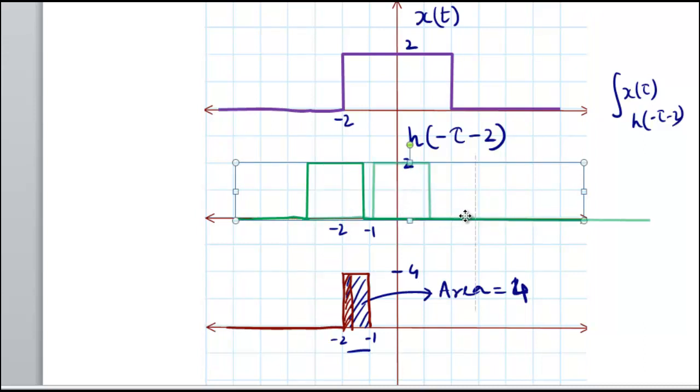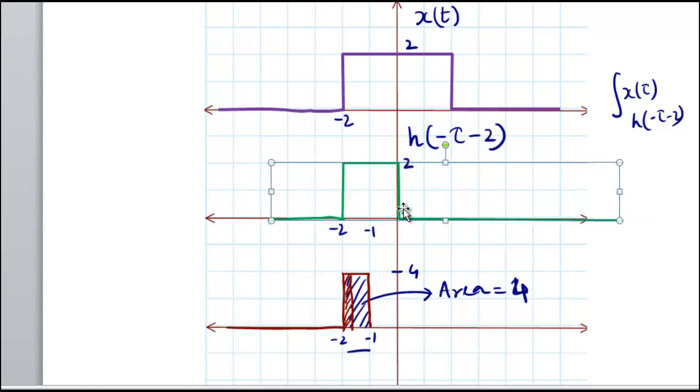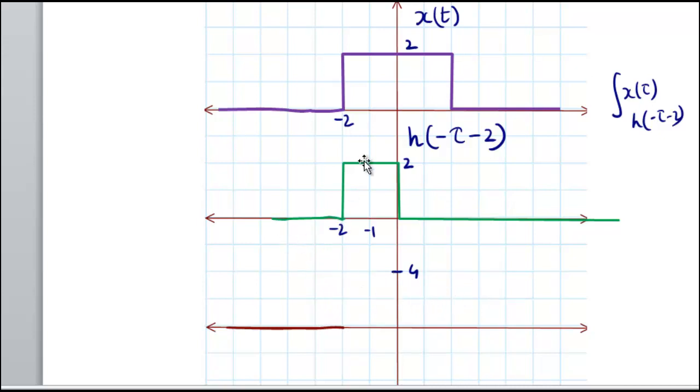So slowly the area will keep on increasing until it reaches here, because at this point, if I totally take this one out, the area is different. How do we calculate that? At this point the height is going to be 4, no problem.